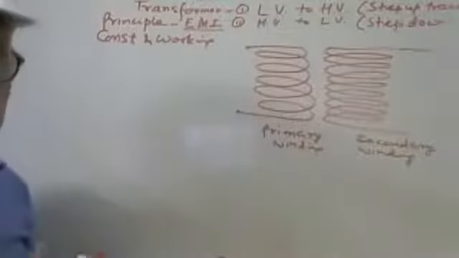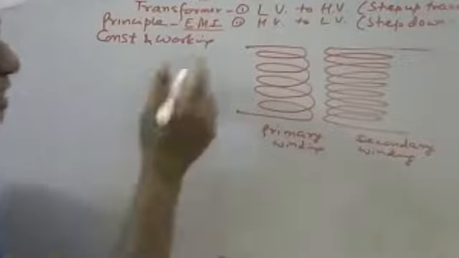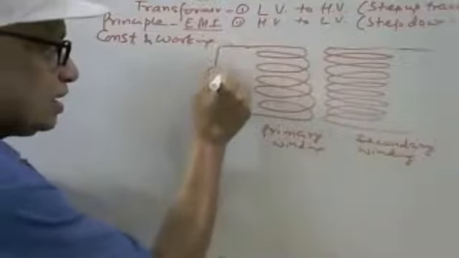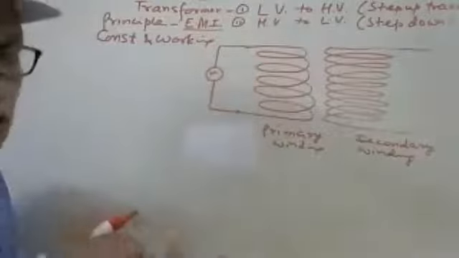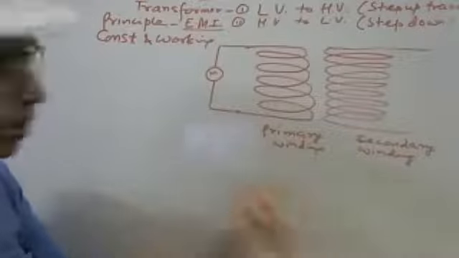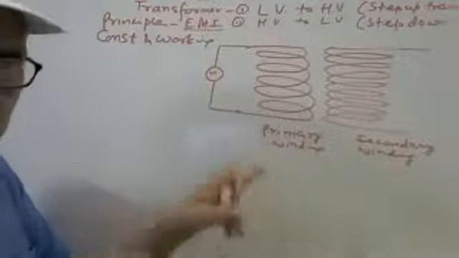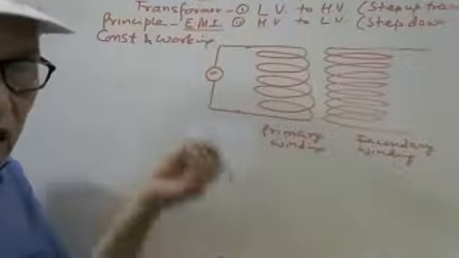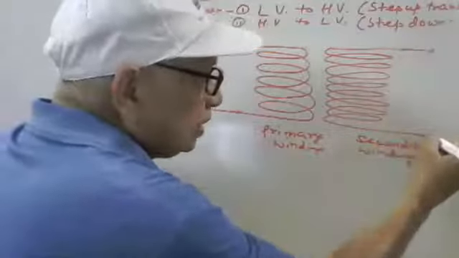Primary and secondary windings are termed like this: we connect the AC source to the primary, which is to be converted either low to high or high to low. So this AC is connected to the winding called primary winding, and when we are getting the output, it is called the secondary winding.